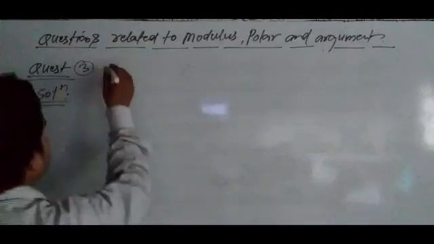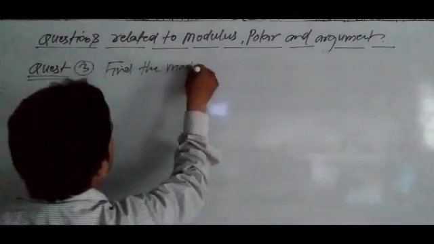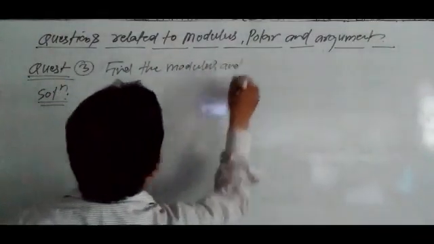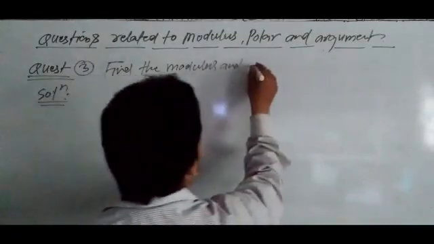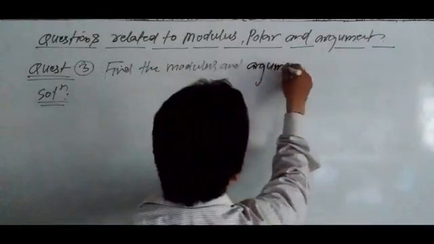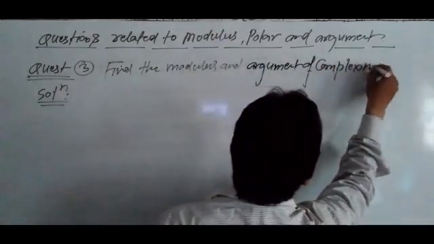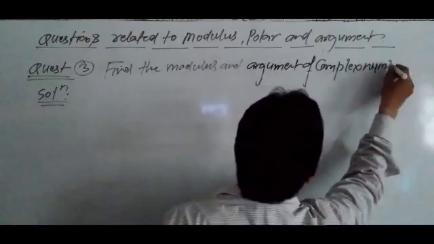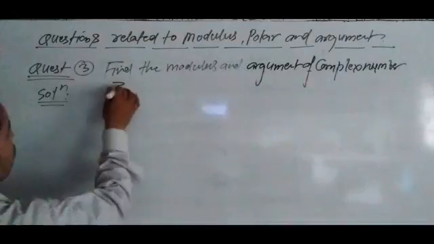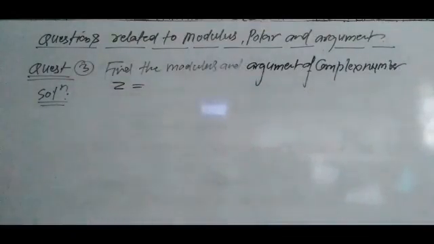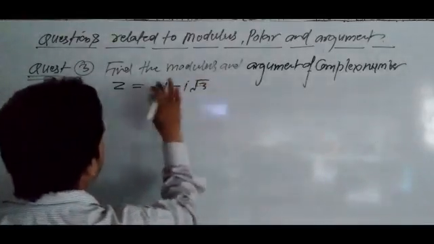Find the modulus and argument of the complex number, and the complex number is z is equal to minus 1 minus I times root 3.